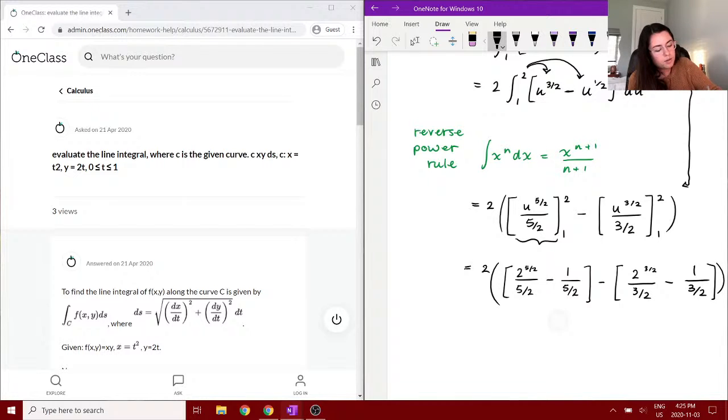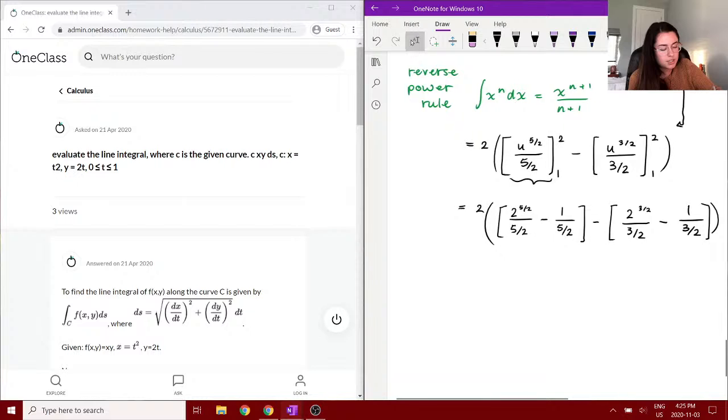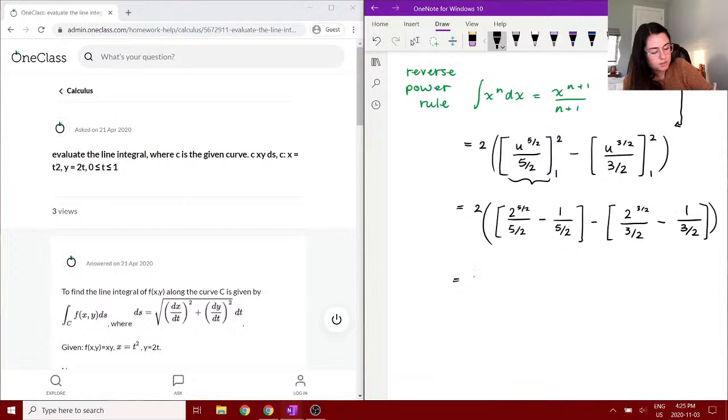All right, there's not too much we can continue to do here, just simplifying, but we basically solved it. It's up to you if you want to leave the exponents in fraction form, or if you want to change it back to a square root form.